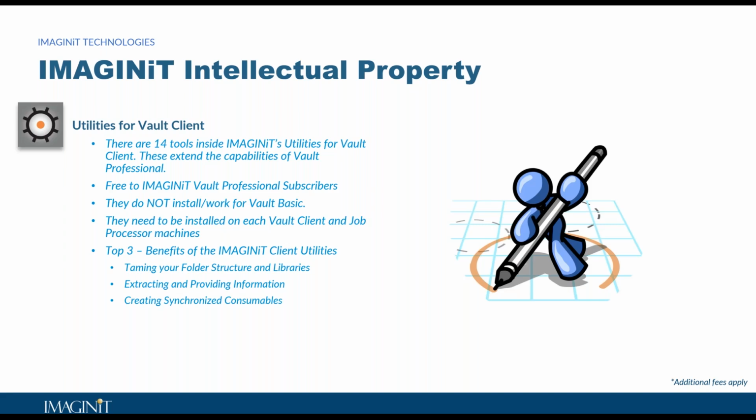One of the great things about this particular tool set is that for all the IMAGINiT clients who purchase their software through IMAGINiT, it allows free access to those tools. And so if you haven't taken advantage of that, definitely reach out to us and let us get you going with those, because it's just a benefit of working with IMAGINiT.